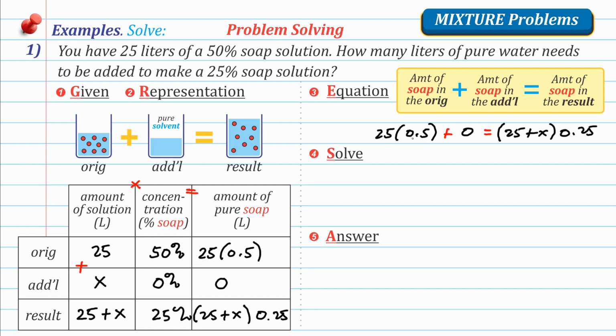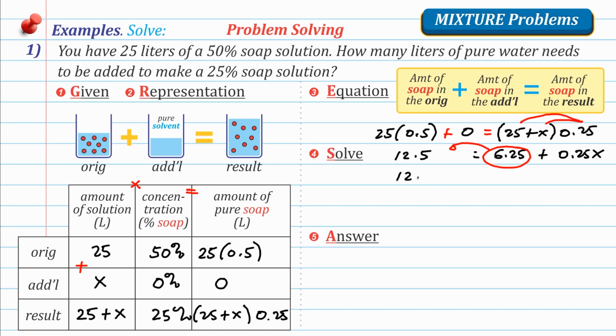So, multiplying 25 times 0.5 is equal to 12.5. Don't bother to write 0 there. Next, we distribute 0.25 here. 25 times 0.25 is 6.25 plus 0.25x. We want to transpose 6.25 to the other side of the equation.